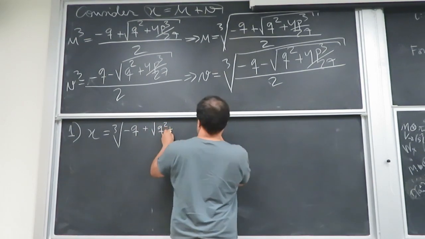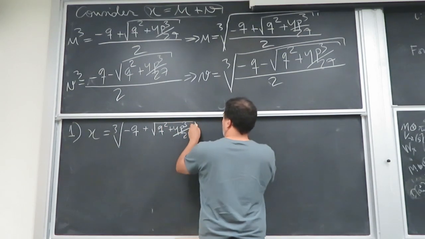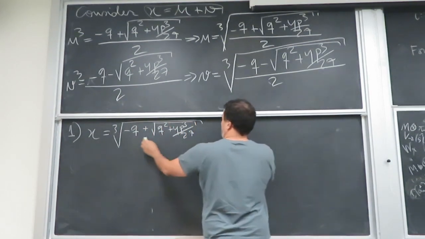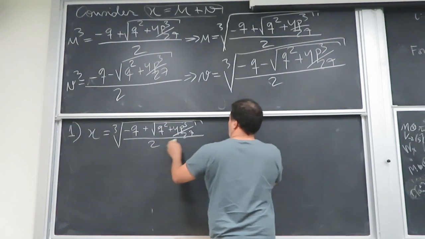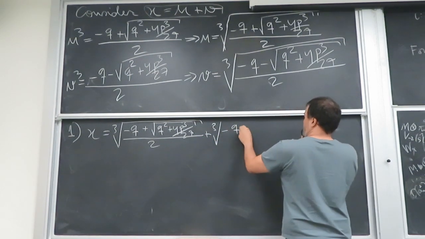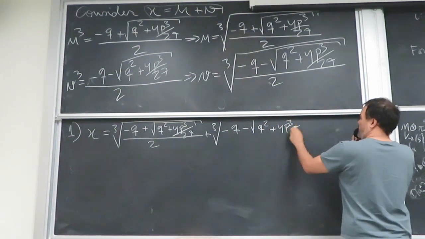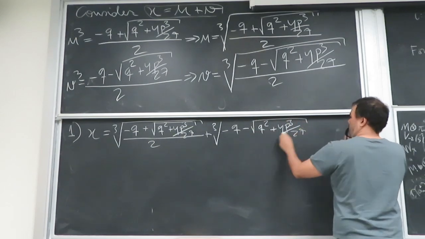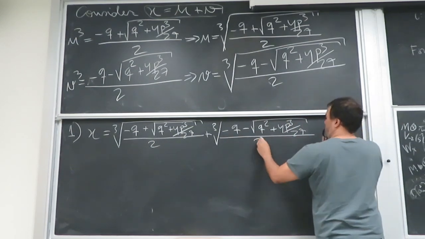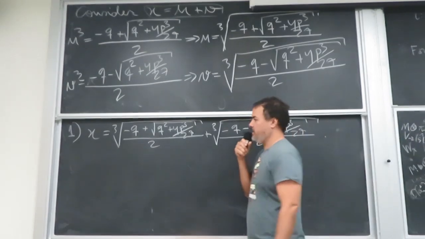If they are real numbers, obviously, right? The cubic root of minus q plus the square root of q squared plus 4p cubed over 27, over 2, plus the cubic root of minus q minus the square root of q squared plus 4p cubed over 27, over 2. Okay? But this is just one possibility.